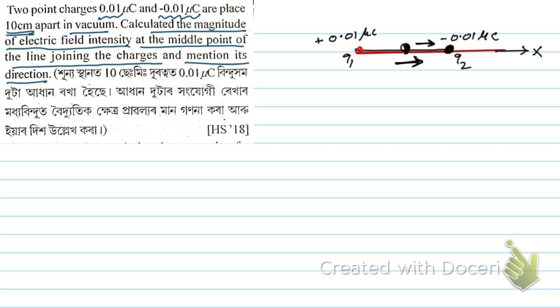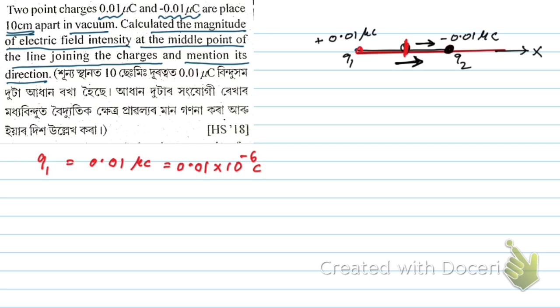Now let's find the electric field at this point. First let me write the charges. Q1 is 0.01 microcoulomb. 1 microcoulomb is 10 to the power minus 6 coulomb, so we can write this as 0.01 into 10 to the power minus 6 coulomb.